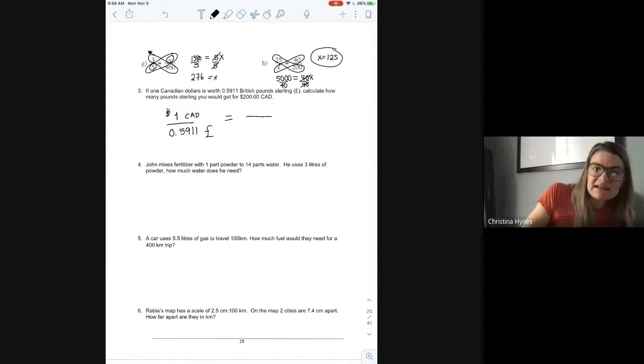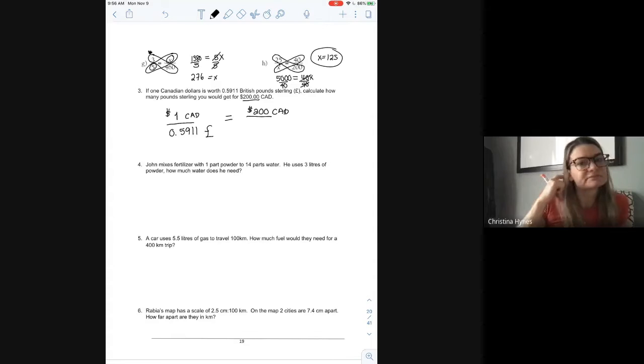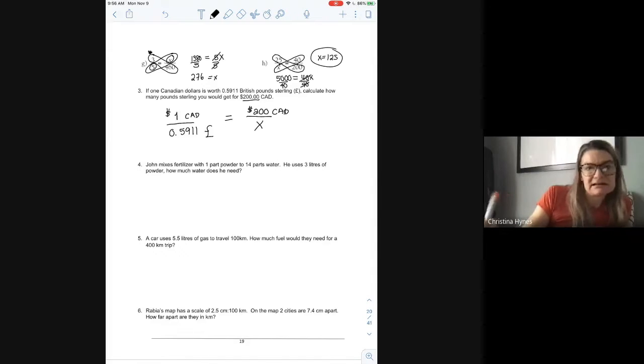If you have Canadian dollars on the top, you have to have Canadian dollars on the top for the other amount as well. Now, we don't know how many pounds that's equal to, so that's why we put an X. Because they're asking us to calculate how many pounds you're going to have, we set the variable to X.